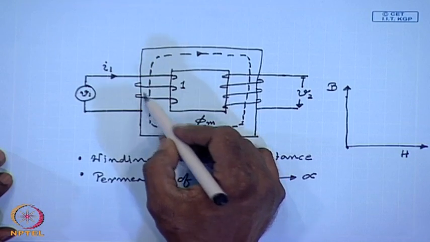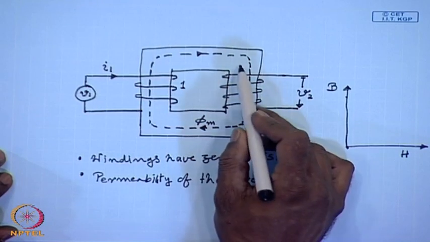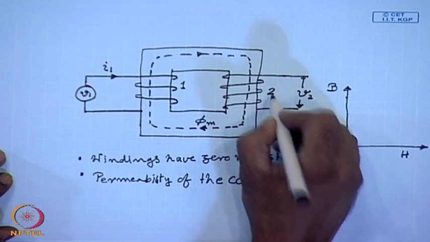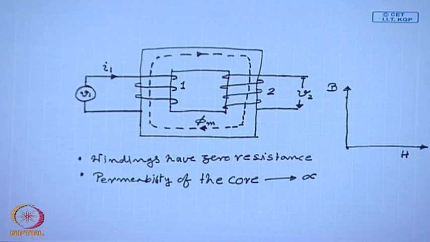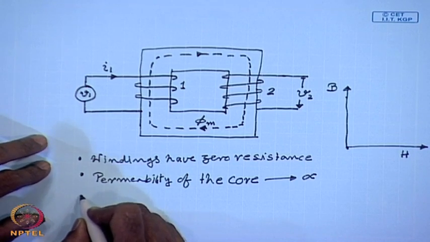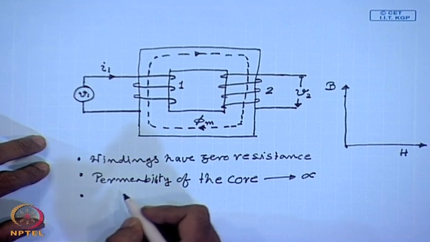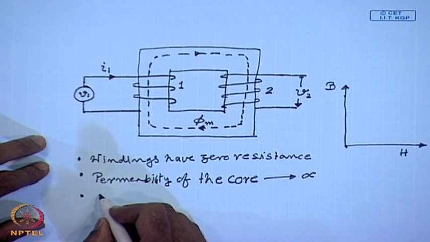Since all the flux will be flowing through the core, it will also link coil 2. So, the third assumption, which is not really a new one but a consequence of the second assumption, is that there is no leakage flux.